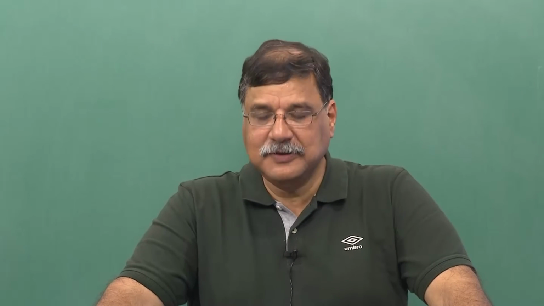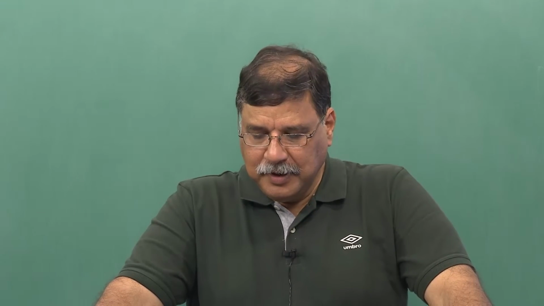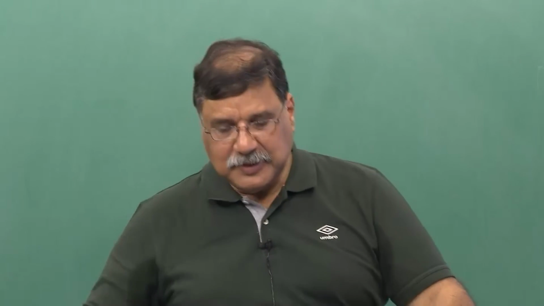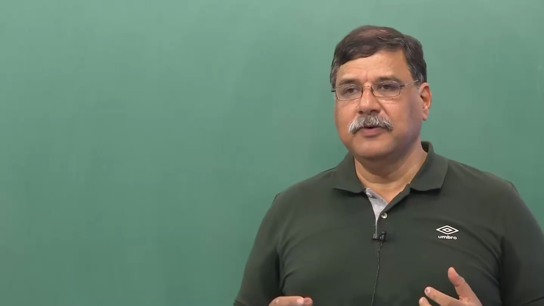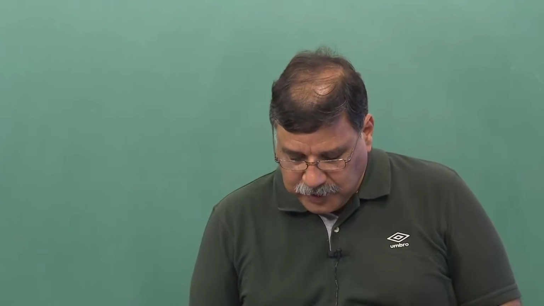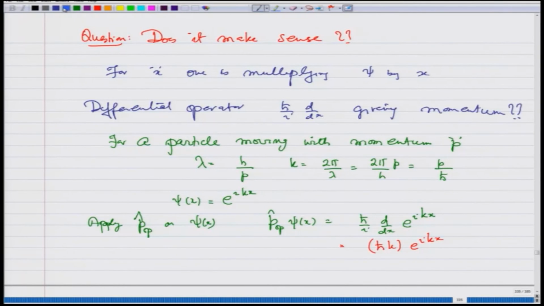So, it does make sense that the p operator gives me momentum. That means this is an operator that extracts the momentum out of a wave function. So, in a very loose statement, I will just write this: the p operator extracts the momentum from a wave function.